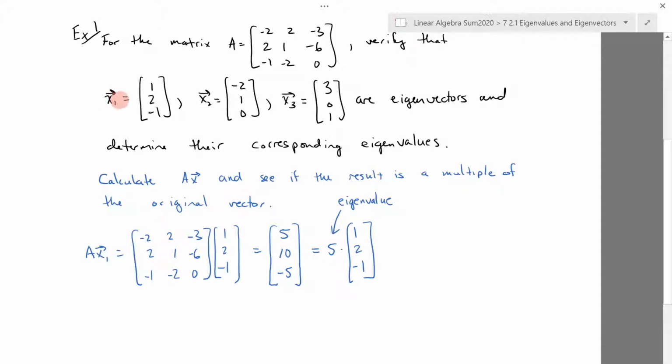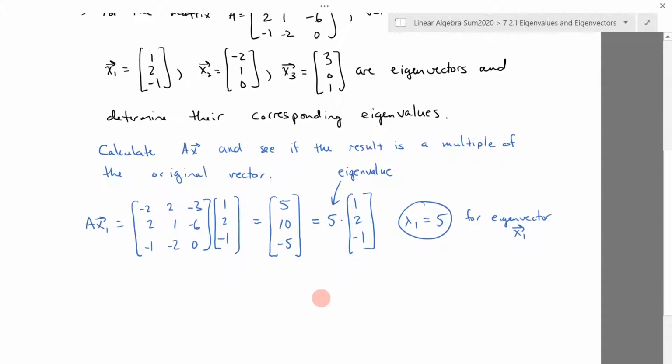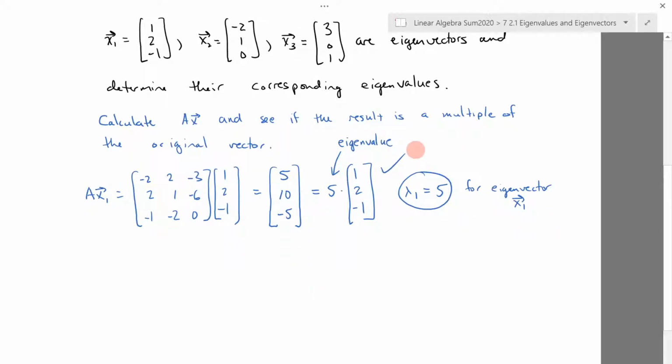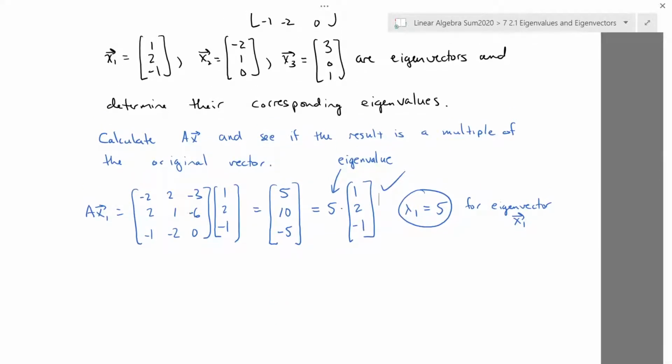So x1 is the eigenvector and 5 is the associated eigenvalue. Let's call it lambda 1 is equal to 5. Okay, so the first one is indeed an eigenvector.